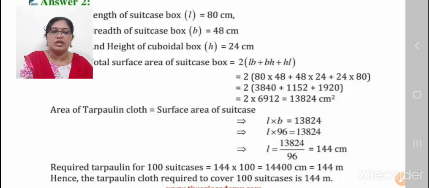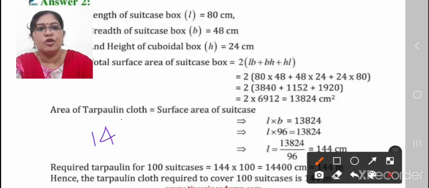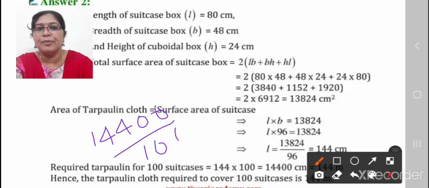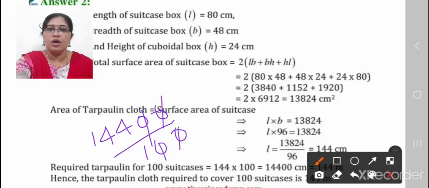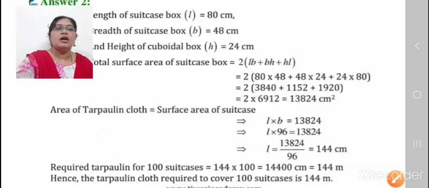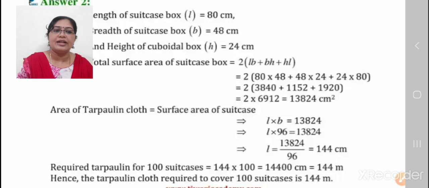So we divide by 100. 14,400 divided by 100, why? Because you are converting into meter. So you got 144 meter. Hence the tarpaulin cloth required to cover 100 suitcases is equal to 144 meter.